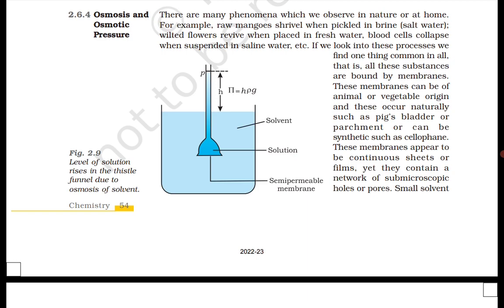These membranes can be of animal or vegetable origin and occur naturally, such as pig bladders or parchment, or can be synthetic, such as cellophane.